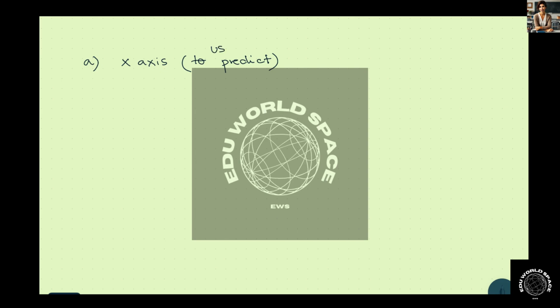So like I said, the explanatory variable is the one that is used to predict the other variable. So the variable that is being used to predict the fat content is the protein content. So the protein content is the explanatory variable.